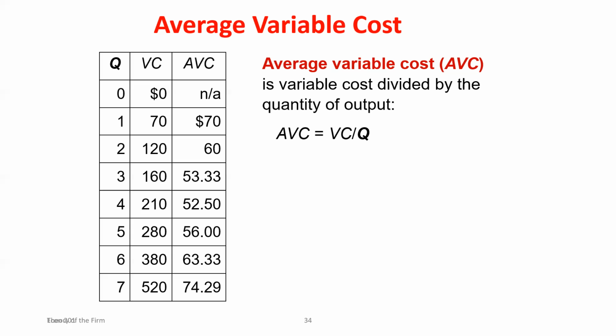So if I'm thinking about my average variable cost, what's my total variable cost? For the first worker it was 10. Second worker, first unit of output was 10, second unit of output was 8. So my total cost was 18. Divided by 2 units, sure enough, my new average is lower.